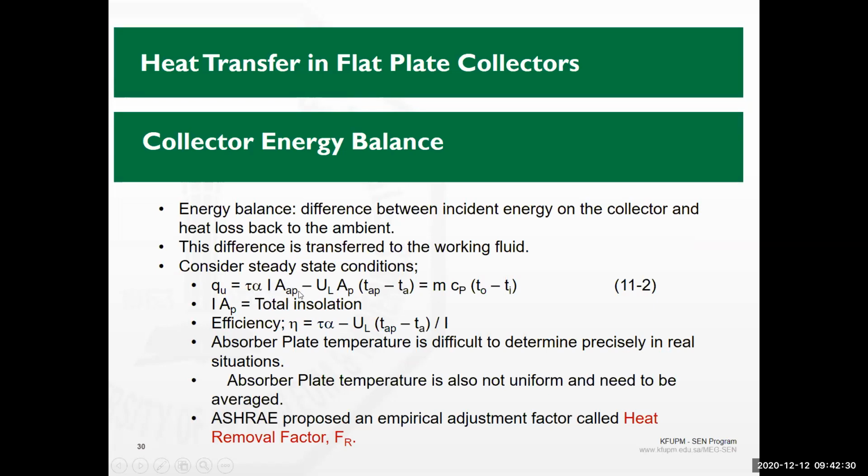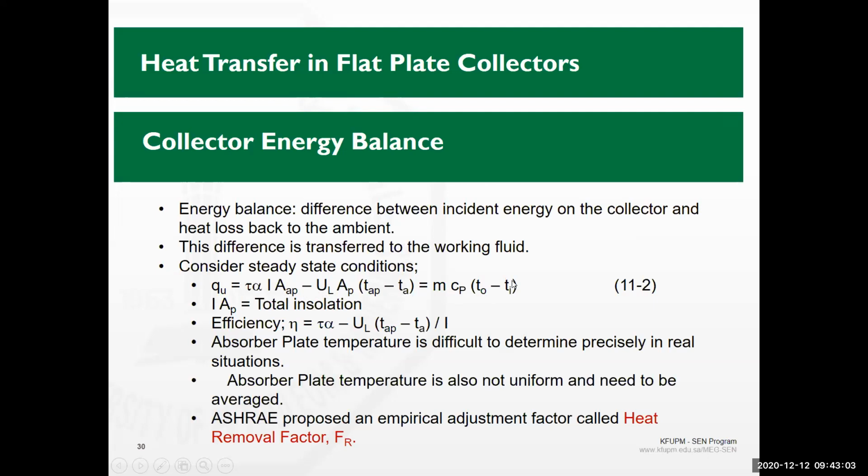And the losses to the surroundings are given in terms of an overall heat transfer coefficient times the area times the temperature difference. This difference is being utilized to heat the fluid that has a certain capacity from an inlet temperature to an outlet temperature. So again, this is the useful energy: the falling energy in, minus the energy lost out. The difference is utilized in heating the fluid.